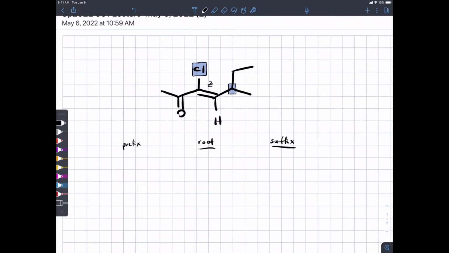So our highest priority functional group here is, and you'll learn this from the list that's in your study guide, the ketone. Highest priority functional group is the ketone. And the appropriate suffix for ketone is -one.